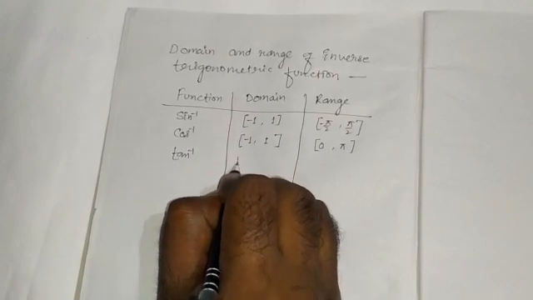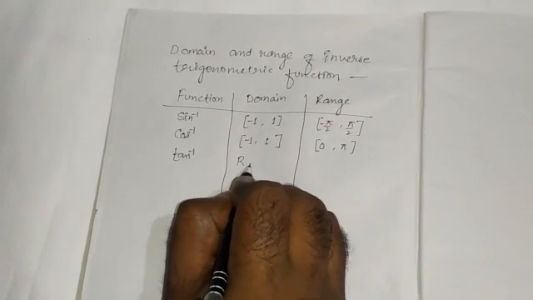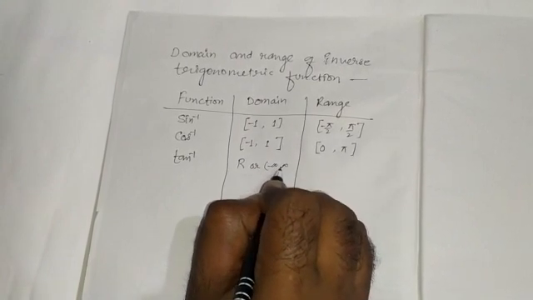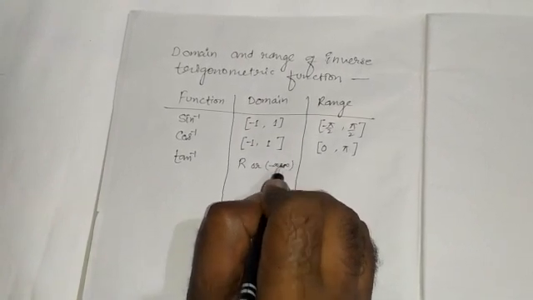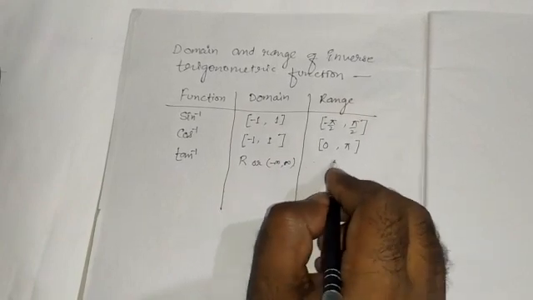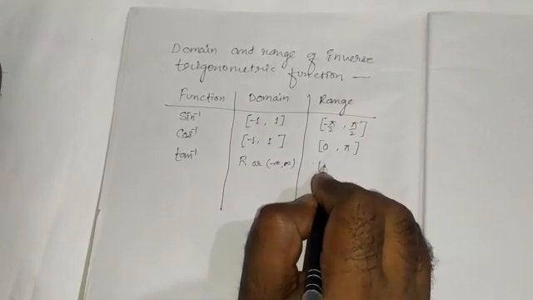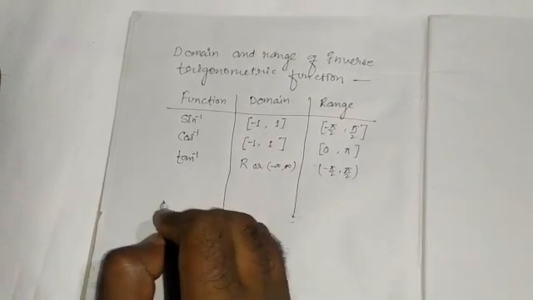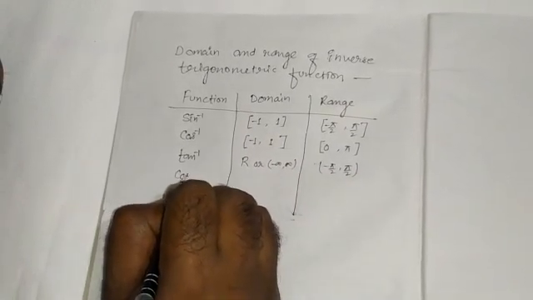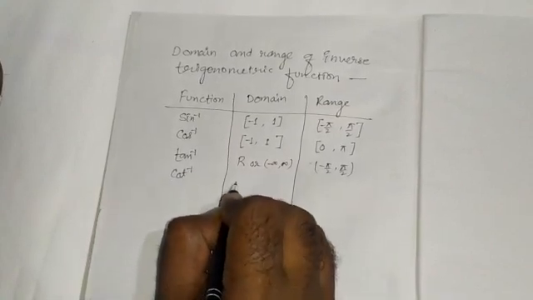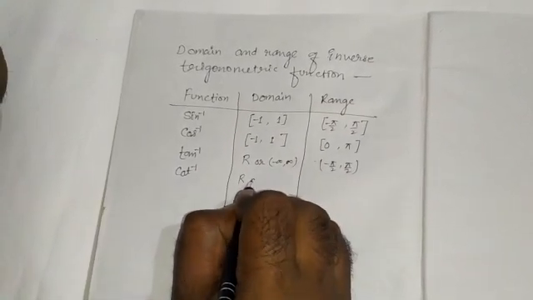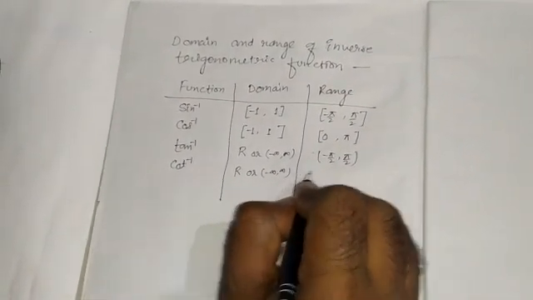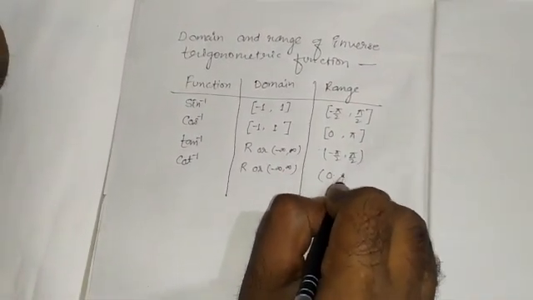The domain of tan inverse is all real numbers, which you can write as the open interval -infinity to positive infinity, and the range will be the open interval -π/2 to π/2. The next function is cot inverse. The domain will be the same as tan inverse, all real numbers, -infinity to infinity, and the range will be the open interval 0 to π.